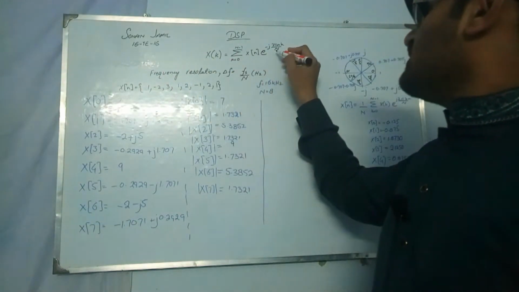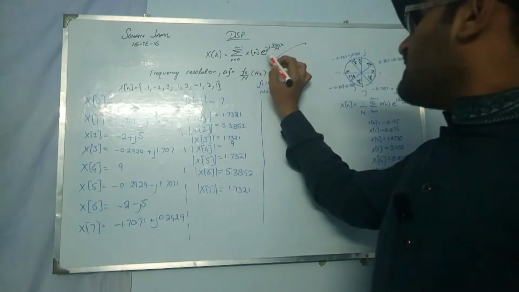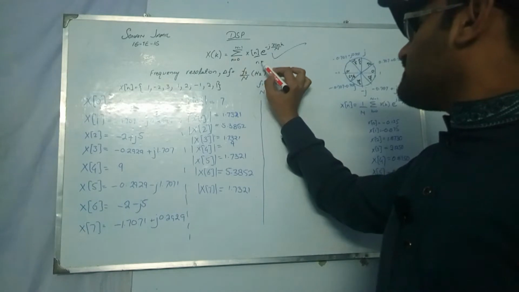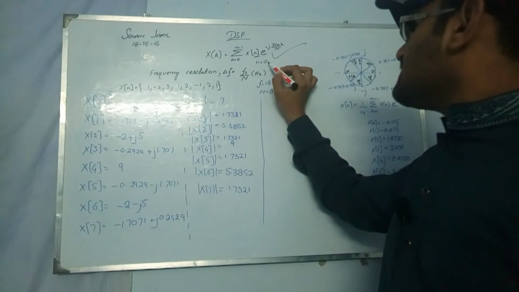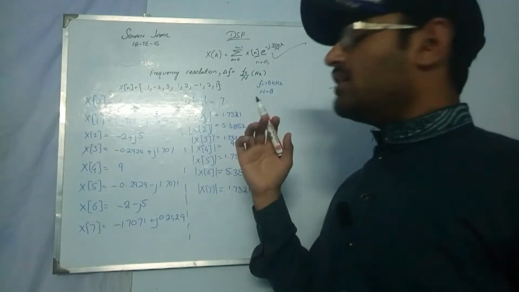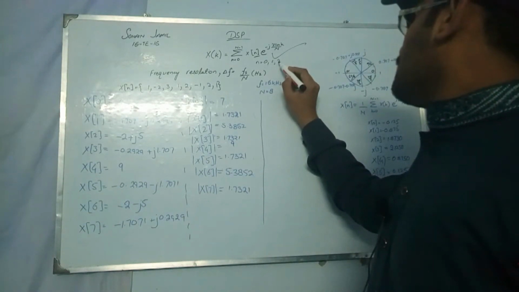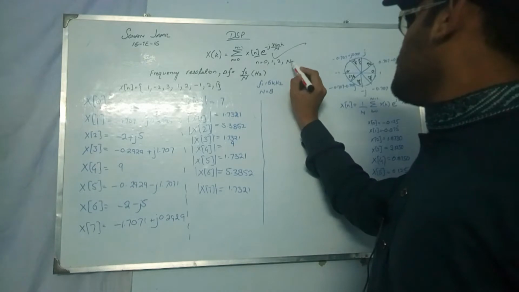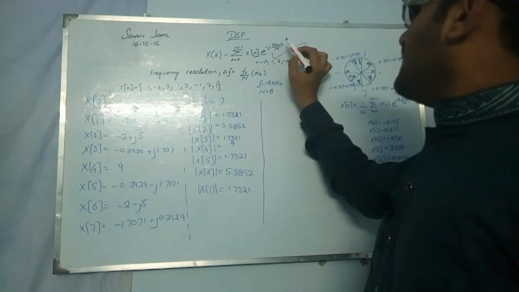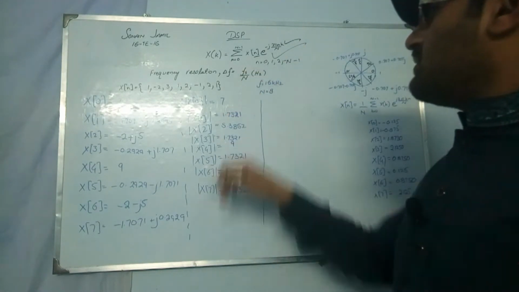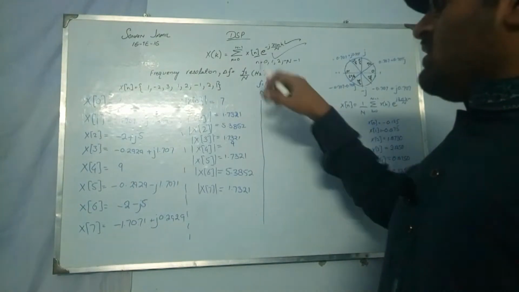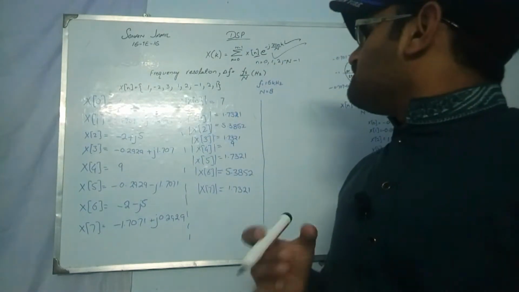Last time we saw this formula. In this, n is number of samples in time domain. It varies from 0 to n minus 1, and k is the number of samples in a frequency domain.